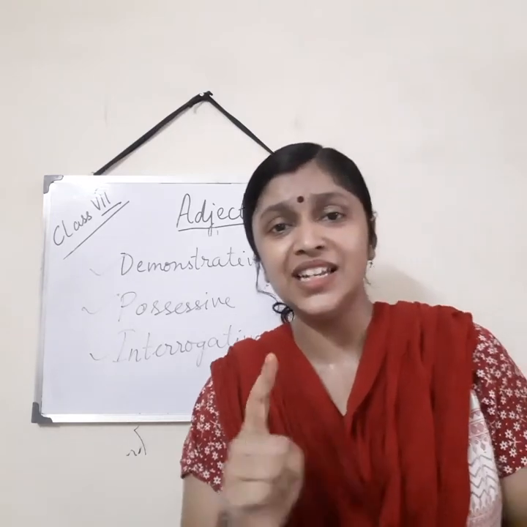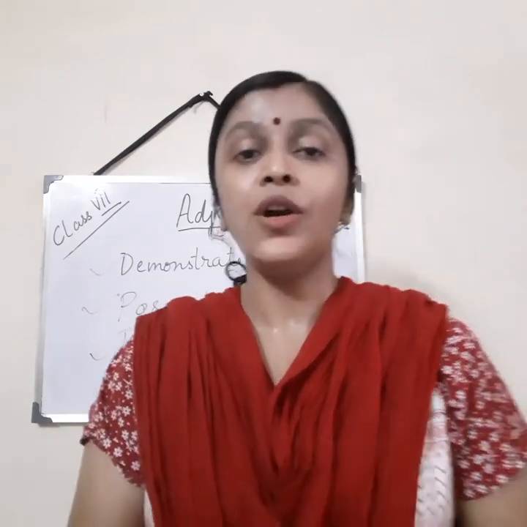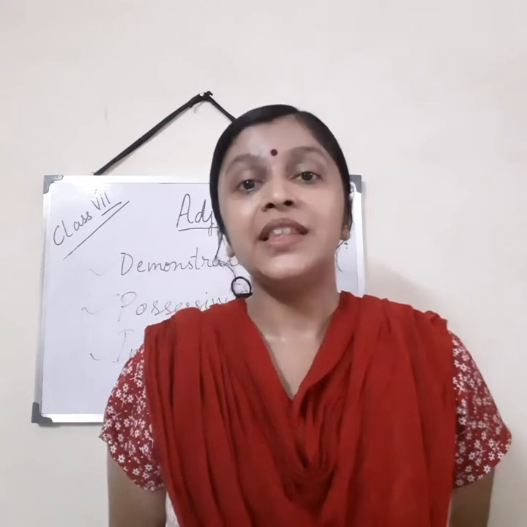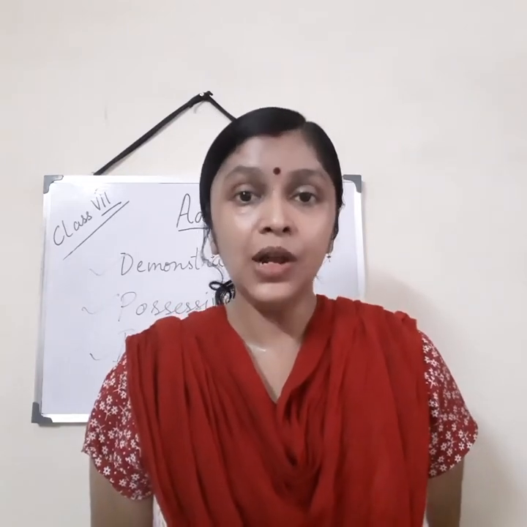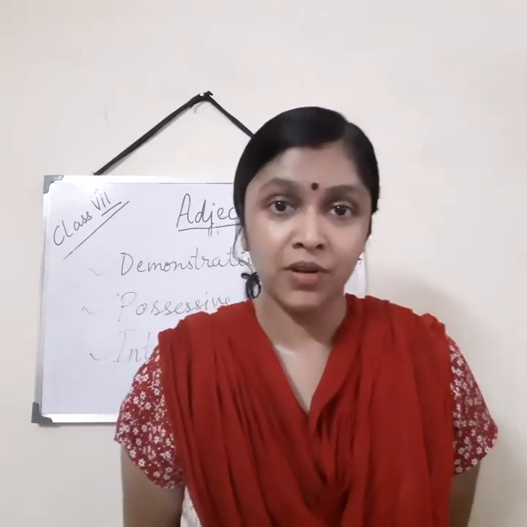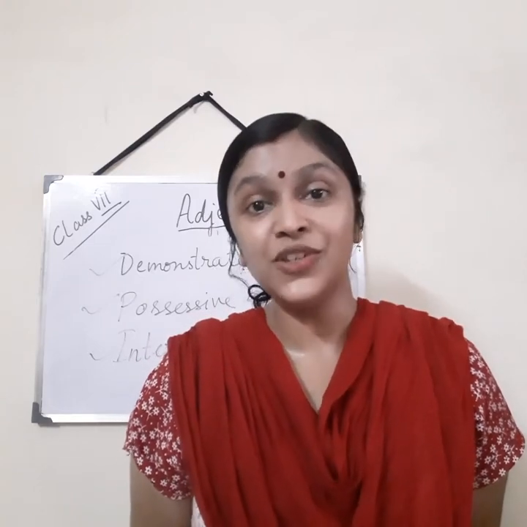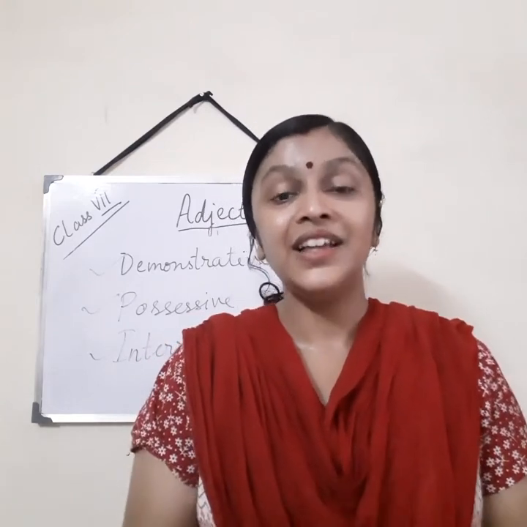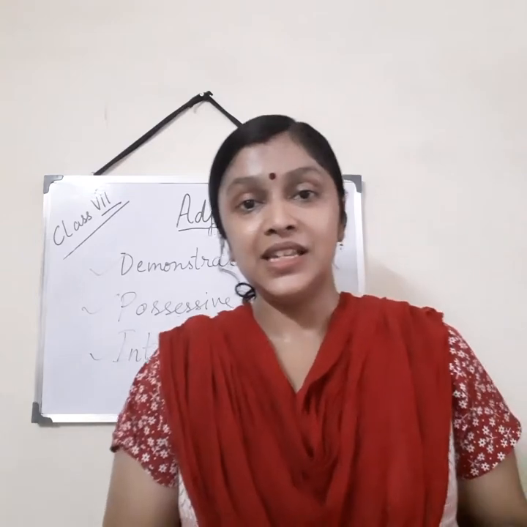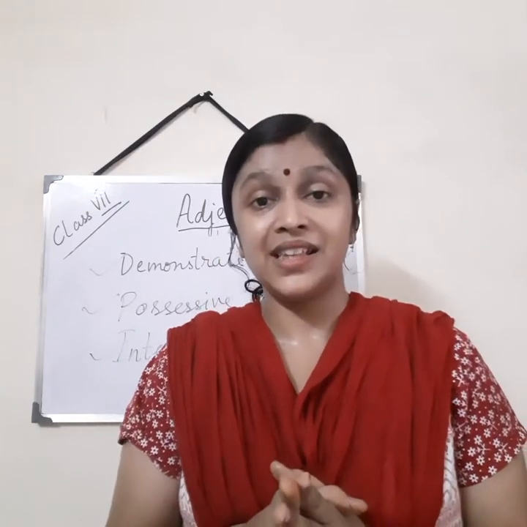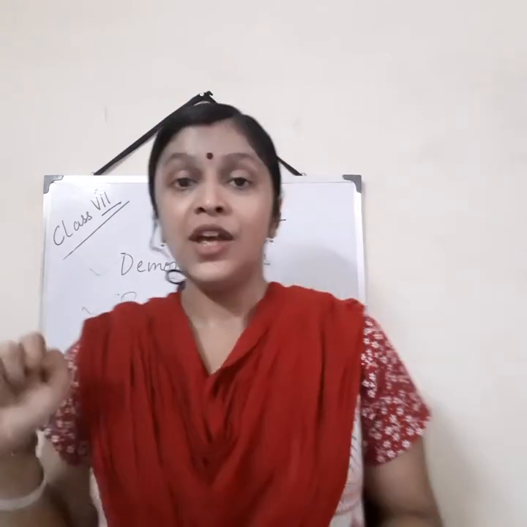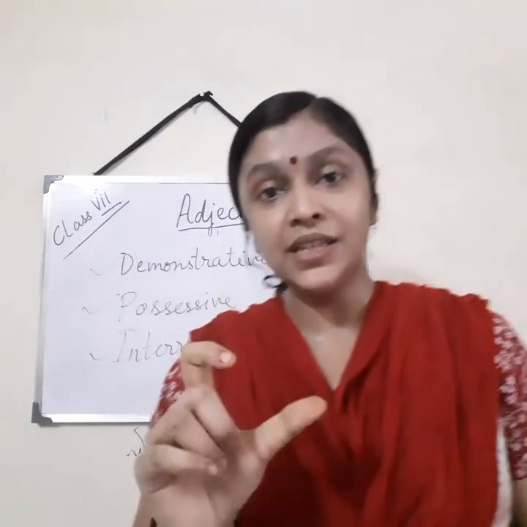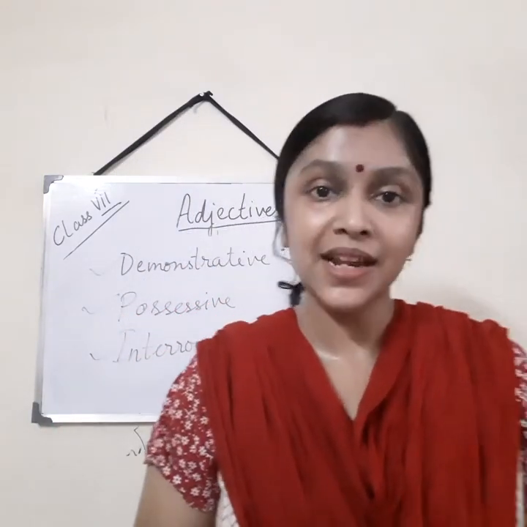So if I say, these are my pens or these are my books, that is an example of demonstrative pronoun. But if I say, these books are mine, here the word these is an example of a demonstrative adjective. So you just have to understand, if it is placed in front of a noun, then it becomes an adjective.